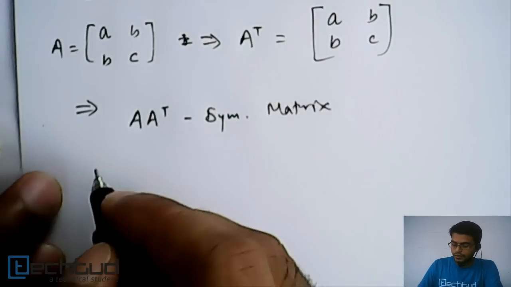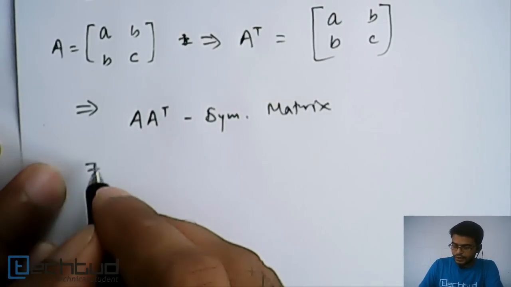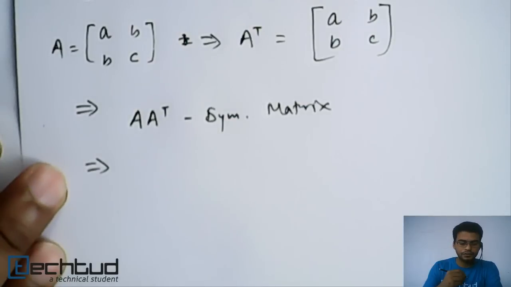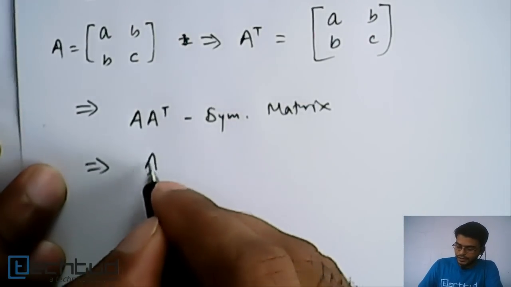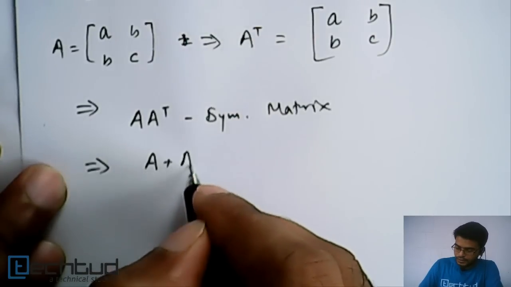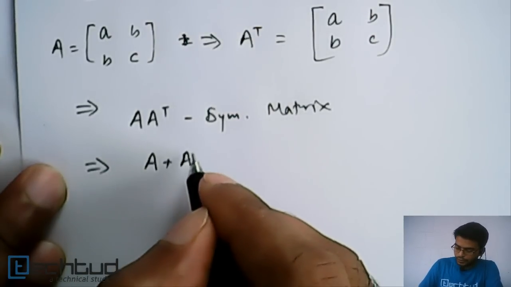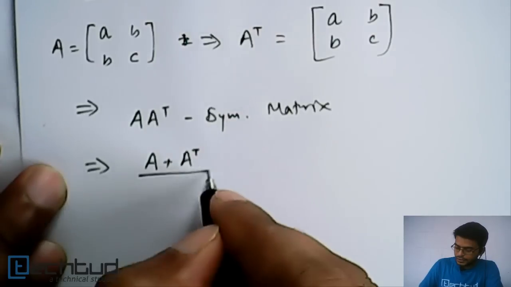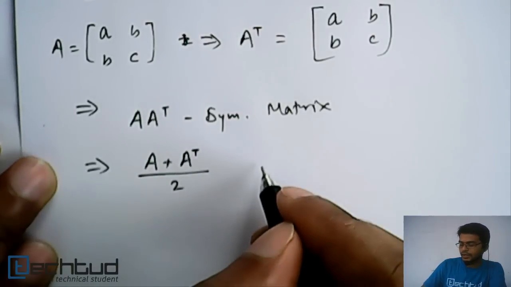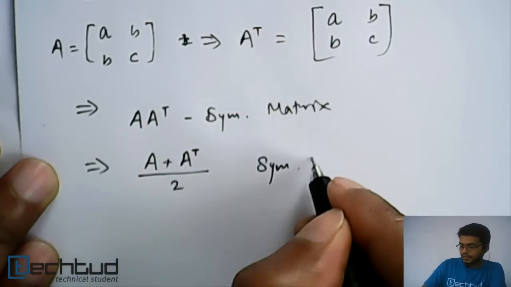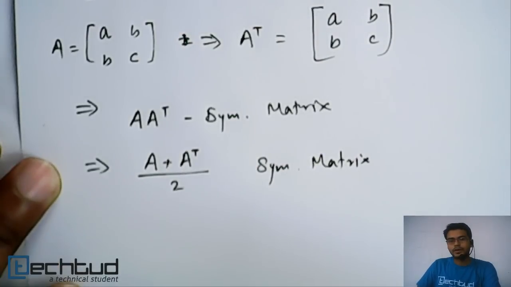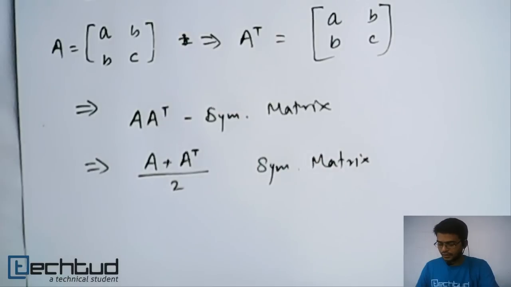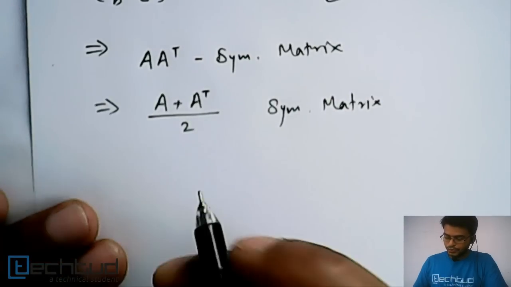Again we can also say that if A is a square matrix, then A plus A transpose upon 2 will be again a symmetric matrix. Okay, so these are just to keep in mind.